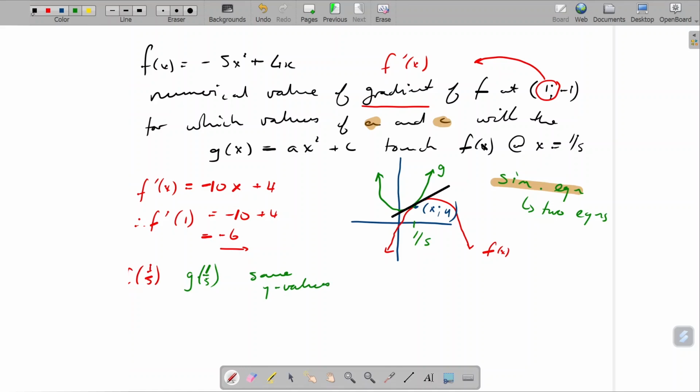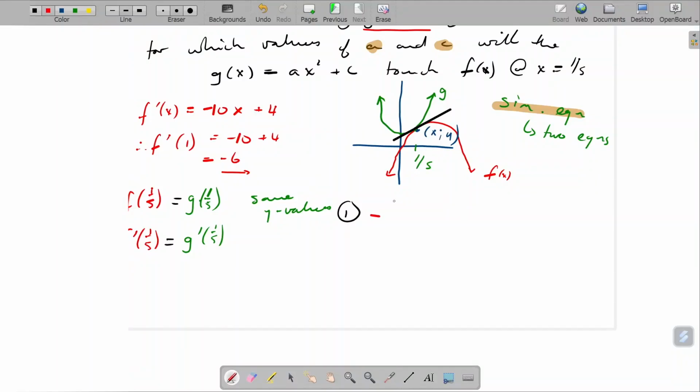And that's my first equation. My second equation is going to be that f prime of 1/5, which is the same as the gradient, will be the same as g prime of 1/5. And so these two things will be equal. Now I'm running out of time, so let's move on through this fairly quickly.